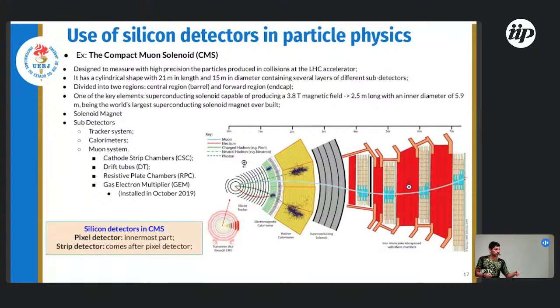Could you repeat, please? If this tracking system uses the ionization of the particle to reconstruct the path, and the particle dies in the calorimeters, for example, just to know which kind of particle it is, to identify this particle.